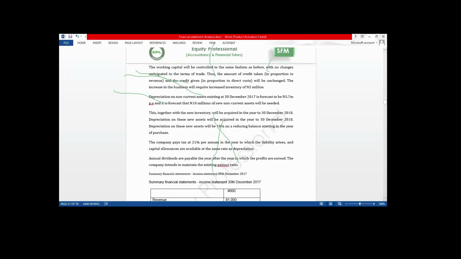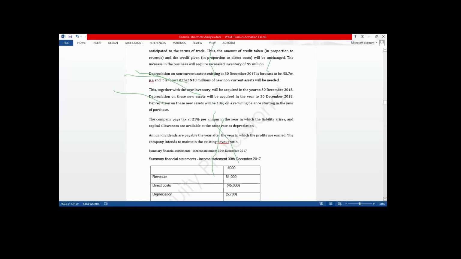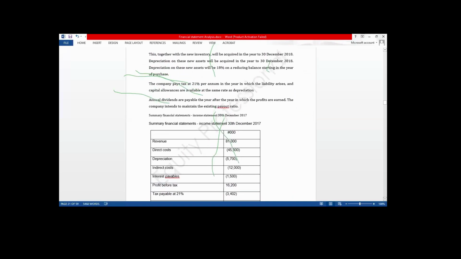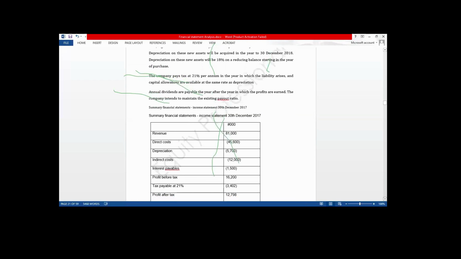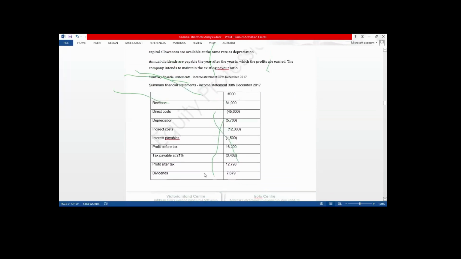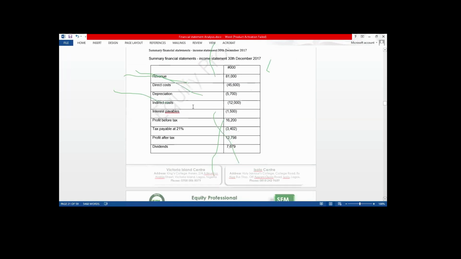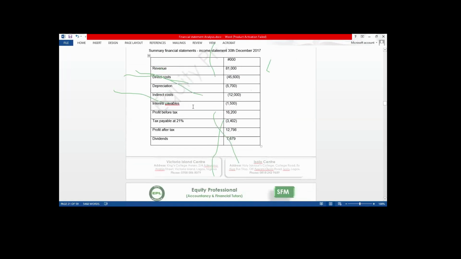Summary financial statements. We have the income statement for 2017 given to us: revenue, direct cost, depreciation, indirect cost, interest payable, profit before tax, tax paid at 21%, profit after tax, dividends.